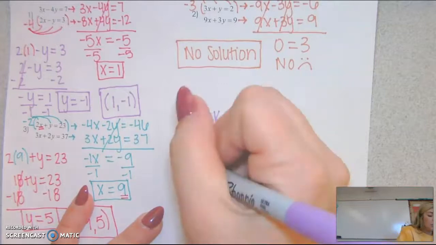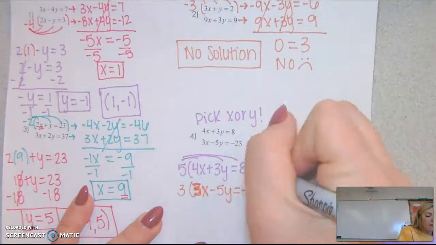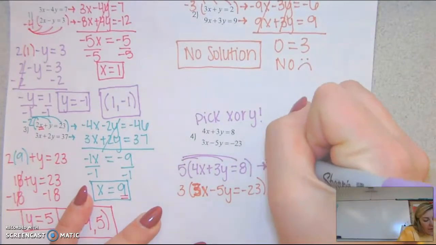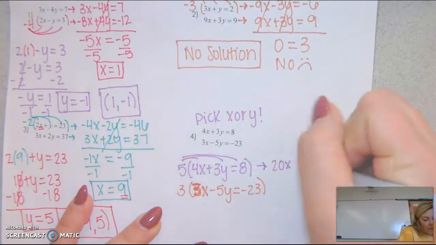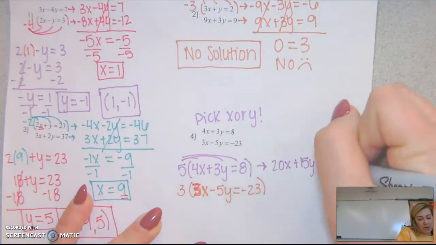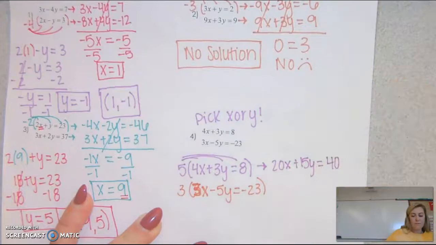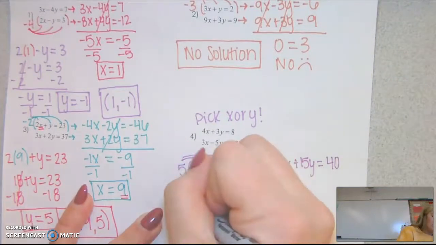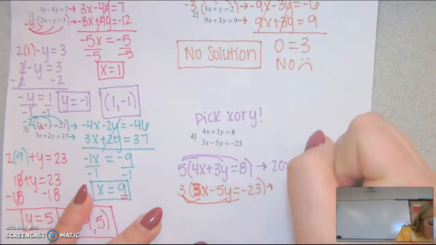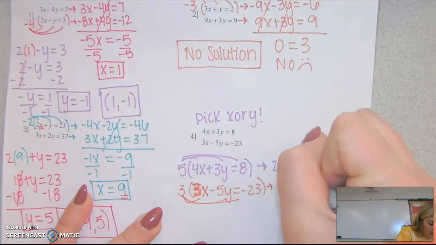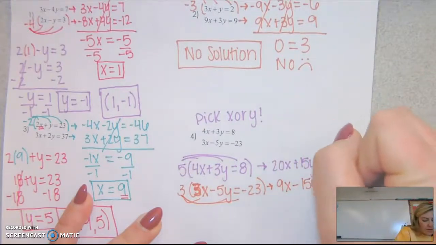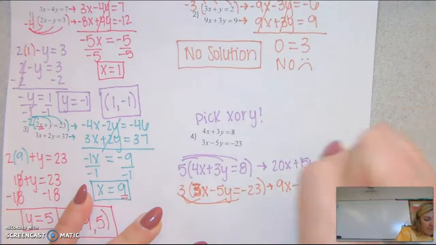Now I need to distribute, so that 5 goes to everything. So 5 times 4x is 20x. 5 times 3y is 15y. And then 5 times 8 is 40. Do the same thing with the 3 on the bottom. So 3 times 3 is 9x minus 15y equals negative 69.